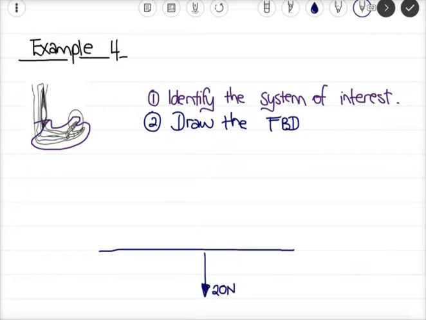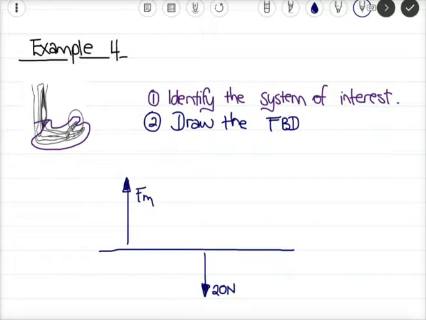The next forces we need to include are those that result as a consequence of our disarticulation. So we need to represent where the humerus would be touching the ulna, and we also need to represent where the biceps would be pulling. So we'll put the biceps force in here, and I'll call that the force of the muscle.